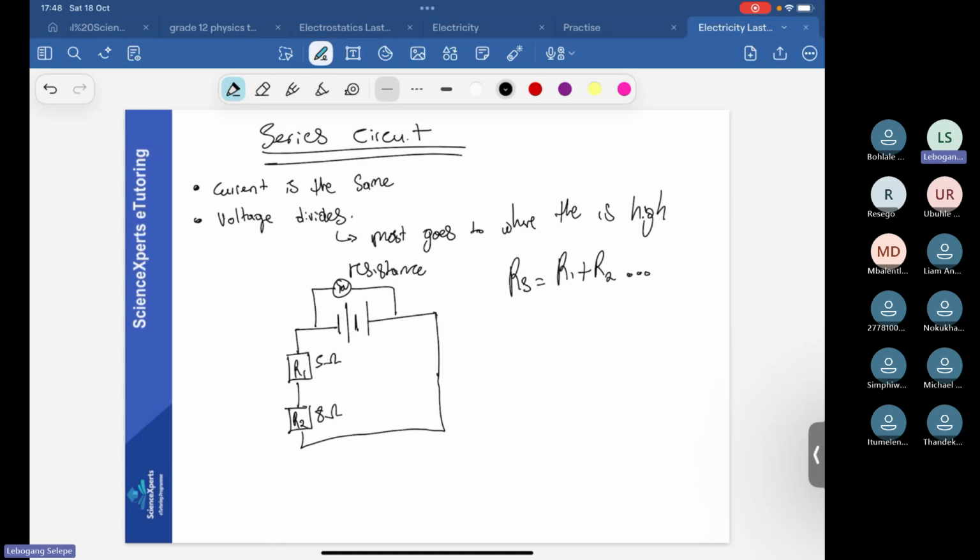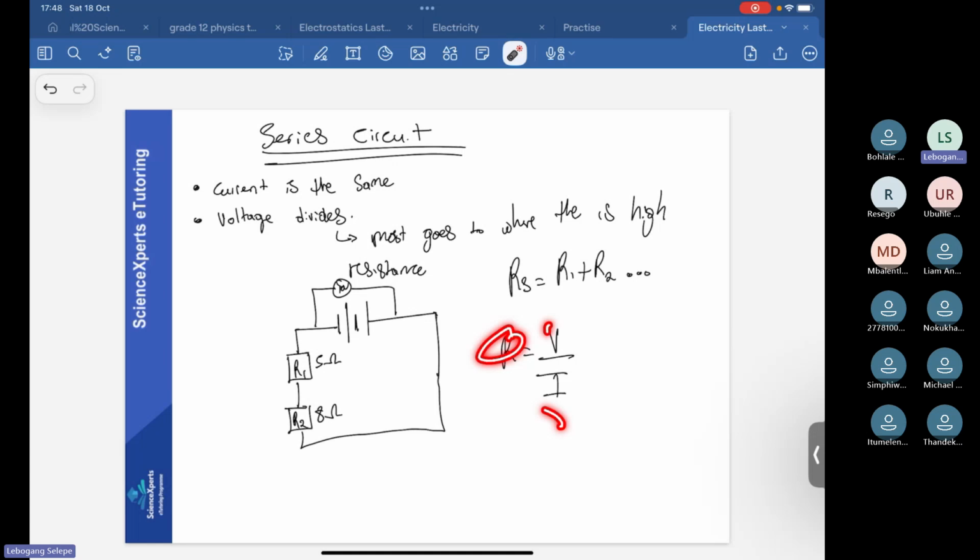And remember Ohm's law: R equals V over I. If I want to calculate R, V or I at any point, say on R1, I need to use the resistance R1, the voltage of R1 and the current of R1.